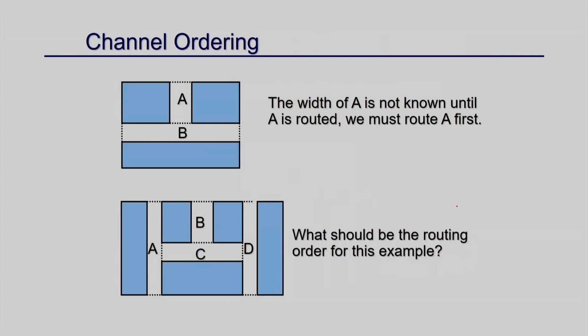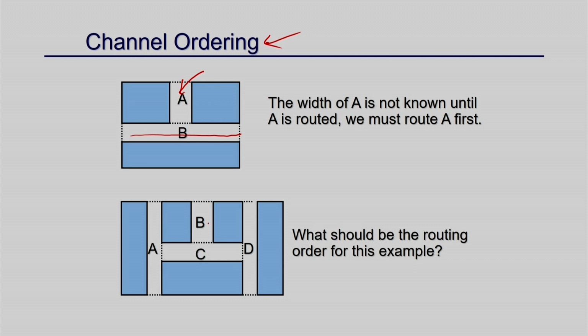Okay. So, as I mentioned, one important concept here is channel ordering. Suppose I have to decide the width of this. Now if I do not know the width of A, I cannot decide the total width of this B, right. So, I have to decide A first and then B, right. But in some scenarios there may be a circular dependency.